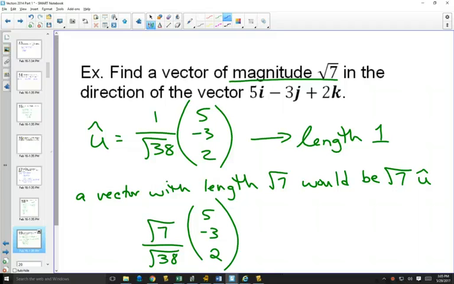And that unit vector has a length of 1. And then once you have that length of 1, to find something with a length of root 7, you would just have to multiply your unit vector by root 7. So we get a really not nice looking final answer, but you have root 7 over root 38 times your original vector.